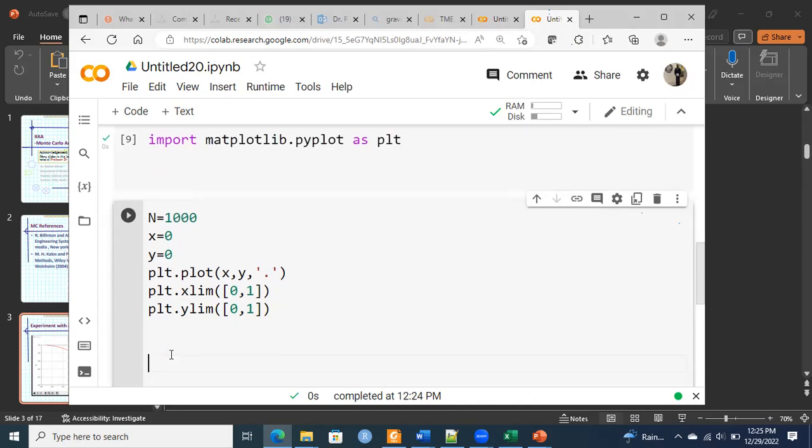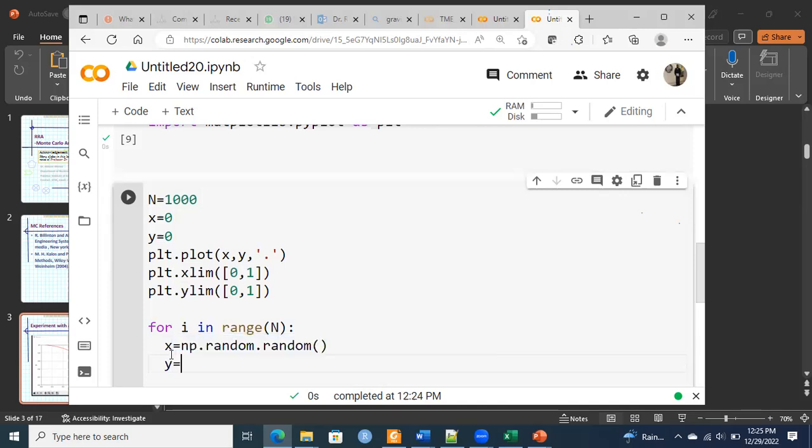Okay, that's fine. Now I generate the random points. So for i in range n, I define x equal to numpy.random.random, the x coordinate that we generated in the real experiment by throwing two dice.